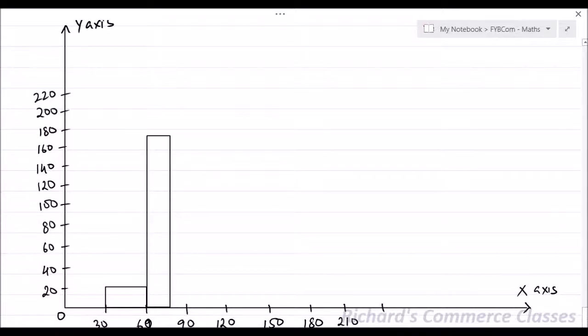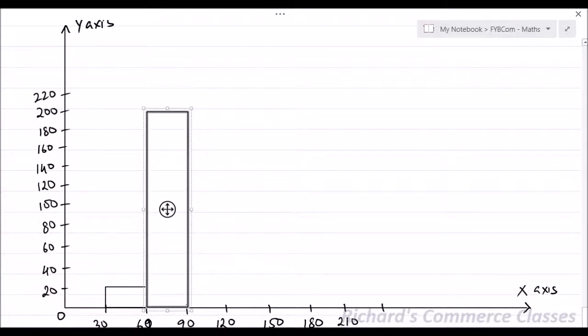So going right up to a little below 200. Then the next was 110. The next was 95. And finally 42.